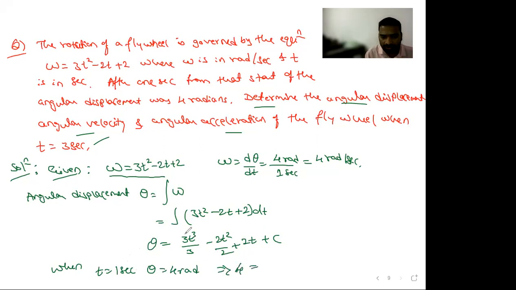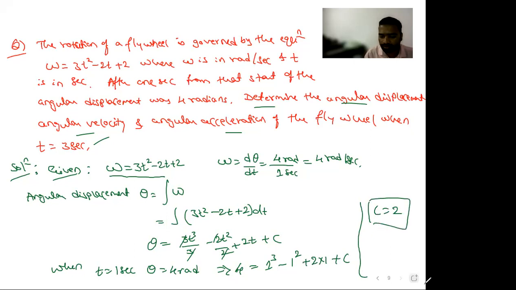This 3 gets cancelled. t cube means 1 cube, 1 cube times 1, minus, 2 gets cancelled, 1 square, plus 2 into 1 plus c. So these two get cancelled. So 4 minus 2 is equal to c, c is equal to 2. All of you, is c equal to 2?